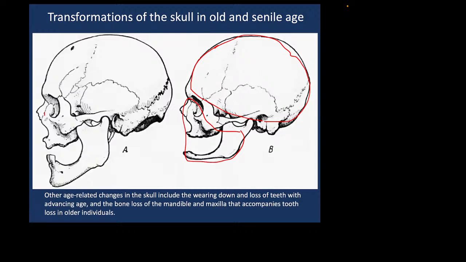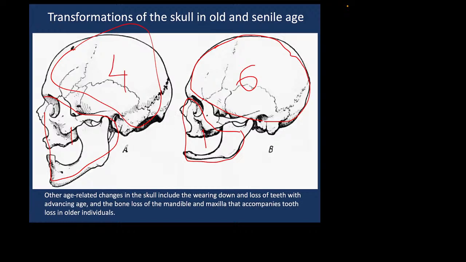Usually in adult we have ratio, I hope you remember, 1 to 2 to 4. But in seniors, this ratio is usually 1 to 6.